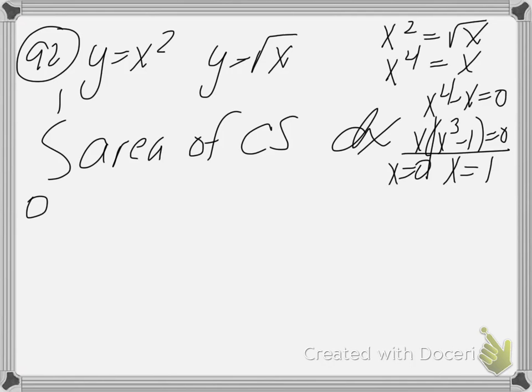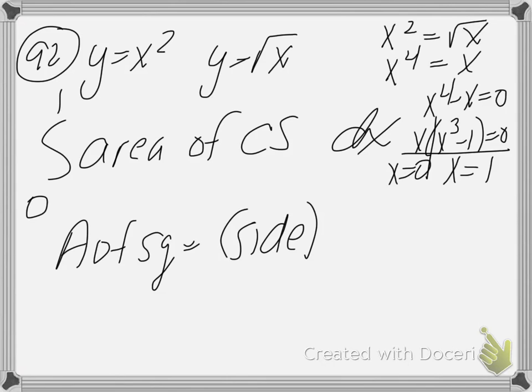Now the cross sections are squares. So the formula for the area of a square is just the side squared. So you just need a side, and you have two functions, and they're actually nice enough to tell you that the one on top is radical x. So it's radical x minus x squared, squared. That's the area.